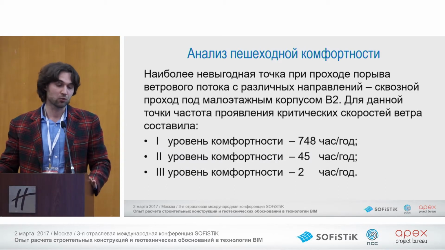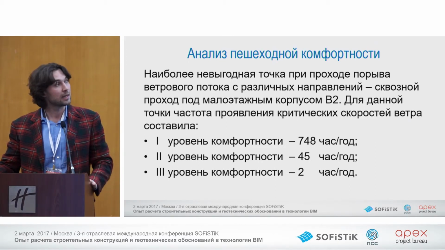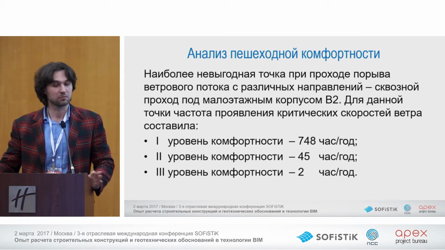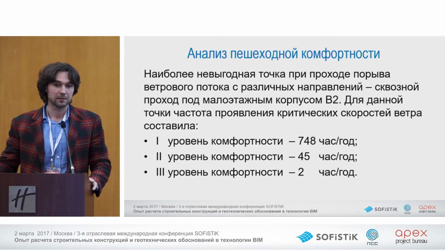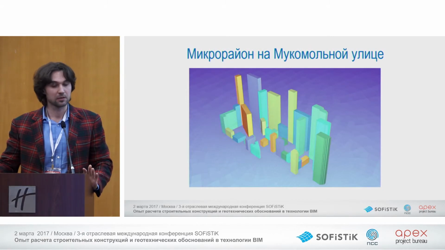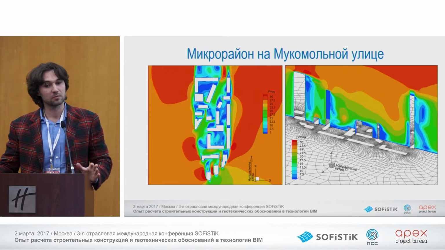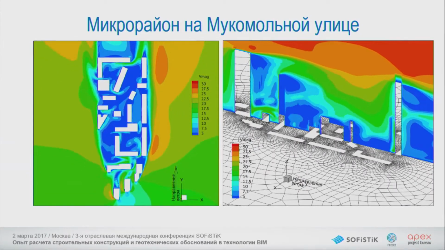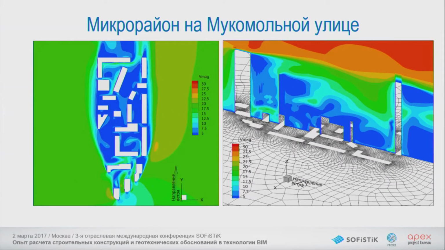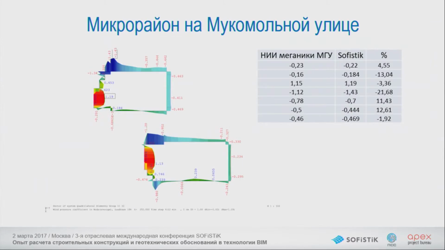For this complex, we analyzed comfort for pedestrians, and we calculated several levels. And here are just several examples from real life. It's an animation of wind passage between the buildings of this residential area.